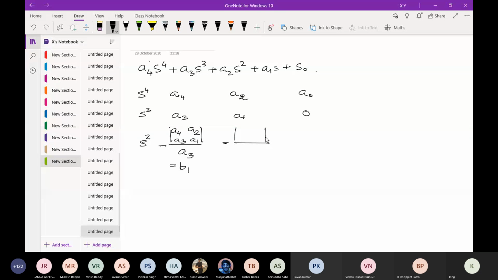Then when forming this determinant, you will take this and this, not this and this. Divide again by A3, don't forget the negative sign. So this, let us say, gives us B2.